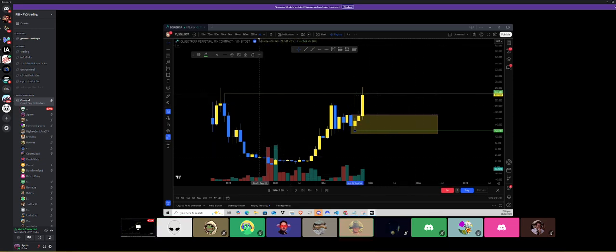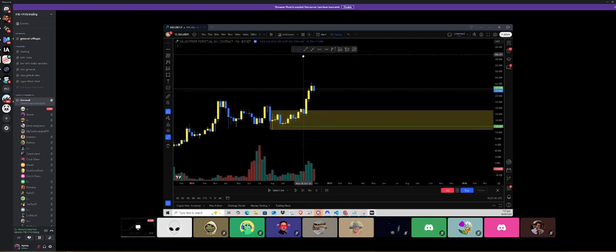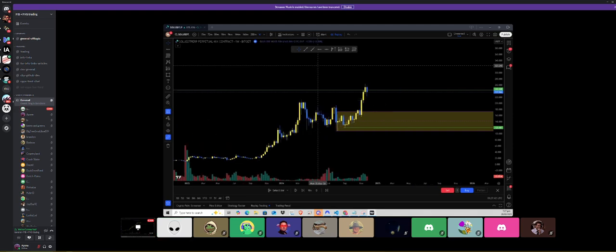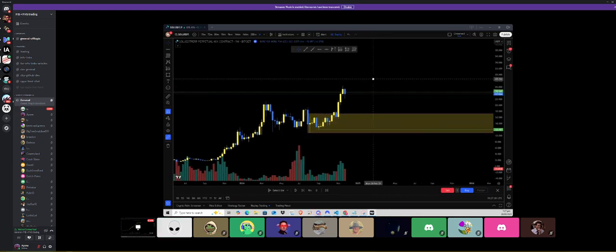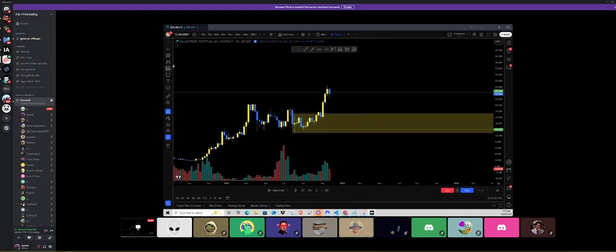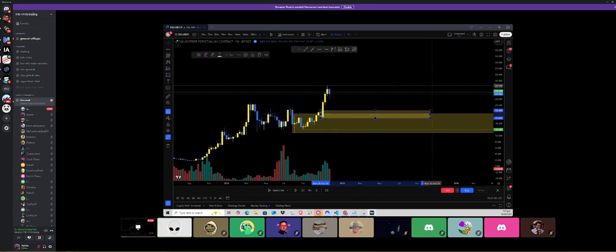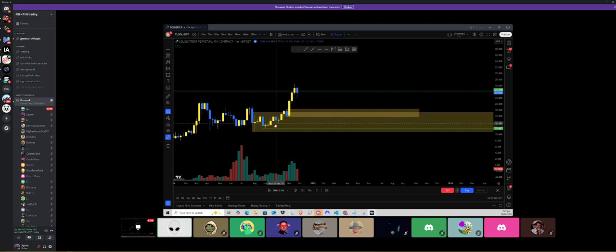So let's just look at that from a weekly perspective. We've got no weekly resistance either at this moment, and we've got this monthly support. Within that monthly support, we have this weekly support, and we have this weekly support down here, which was the reason for that.